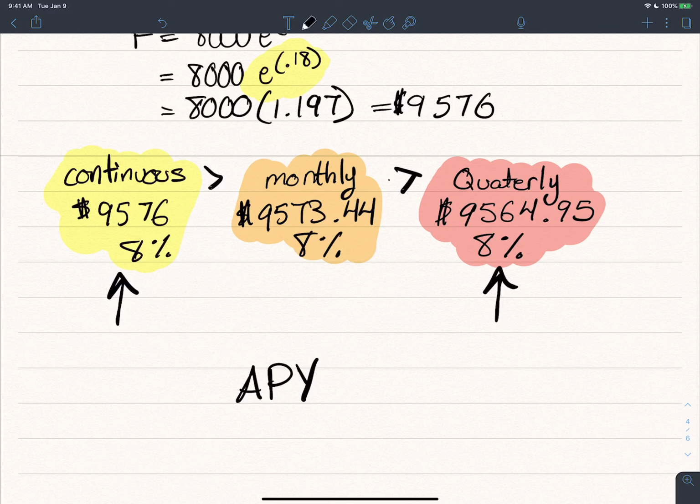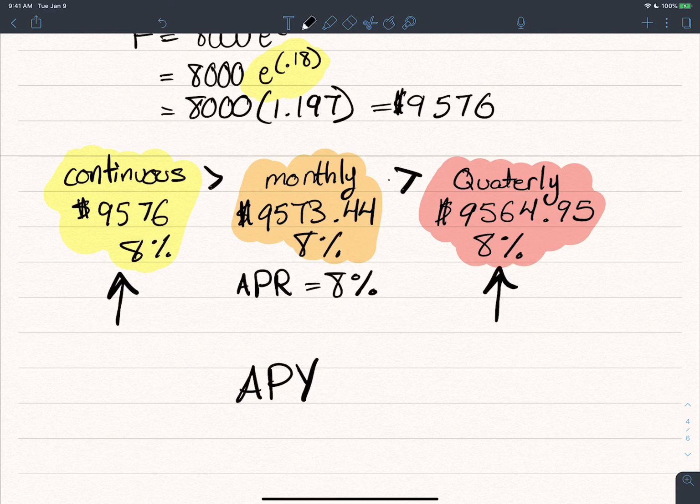Now, I'm not sure if I mentioned it before, but we can also call the interest rate the APR, or the annual percentage rate. All right, so that's another name that we can call the interest rate. So for all of these up here, the APR, or the annual percentage rate, or R, is equal to 8%.